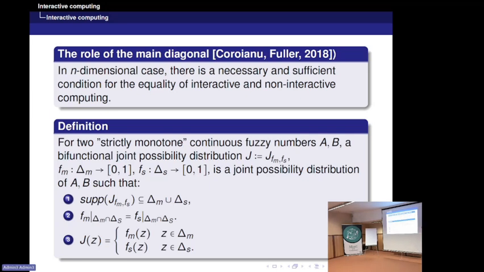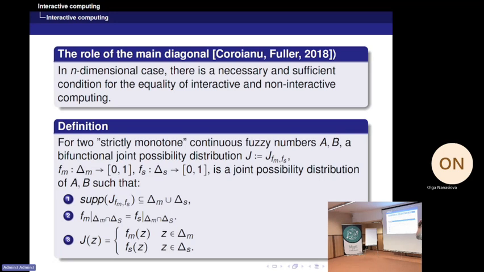So we just took a bifunctional joint possibility distribution, just a possibility distribution that is defined only on diagonals. In this case, we consider strictly monotone continuous fuzzy numbers.